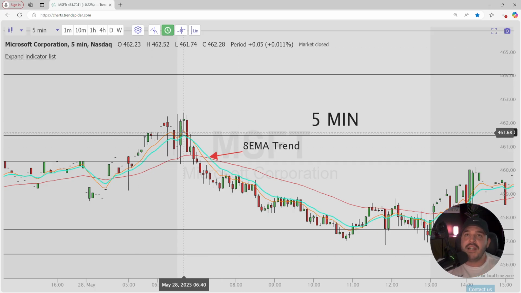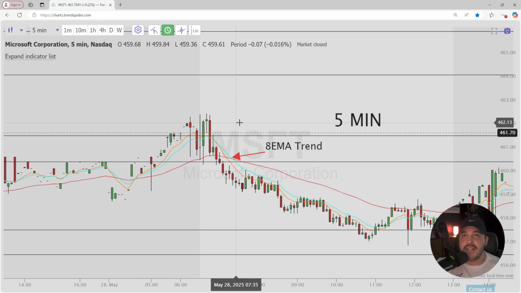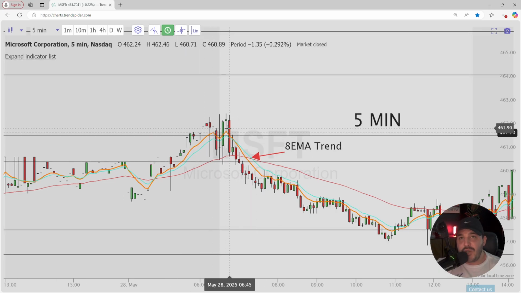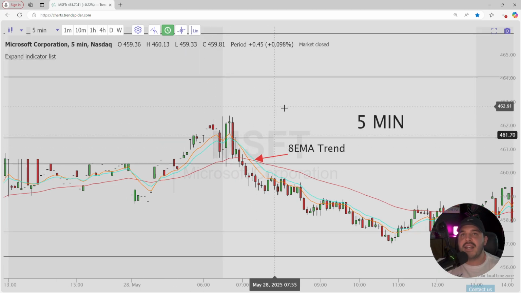So we have right here the 8 crossing the 13. Ideally, we want to see more so the 13 cross the 48. But for this instance, we already know this is a major supply to the upside. We already know that this is where sellers are present. So we can use the 8 crossing the 13 as an entry.